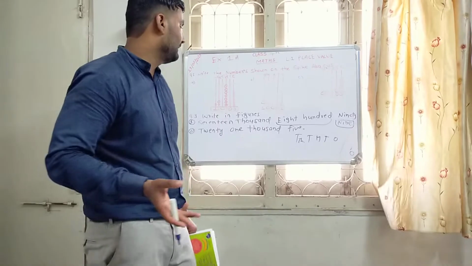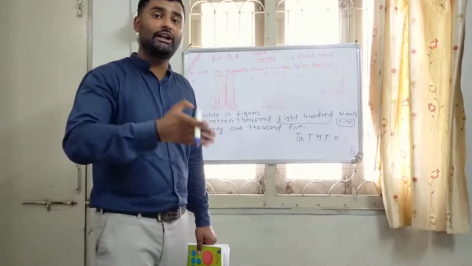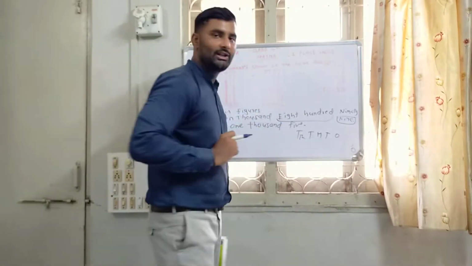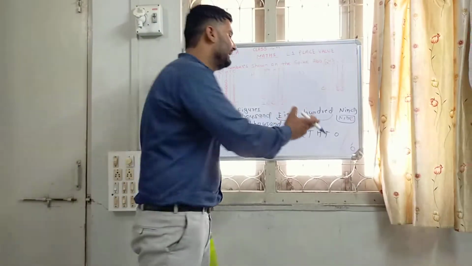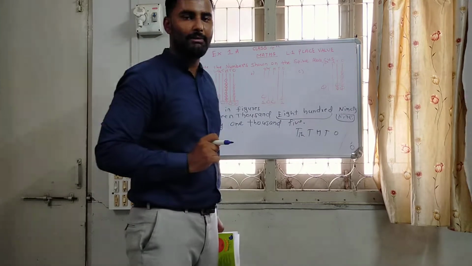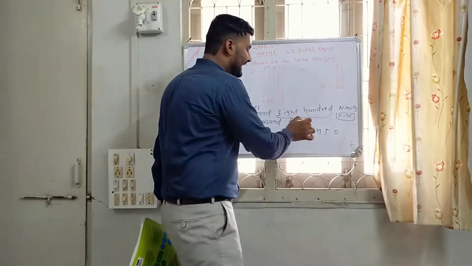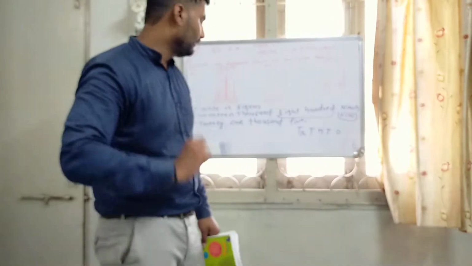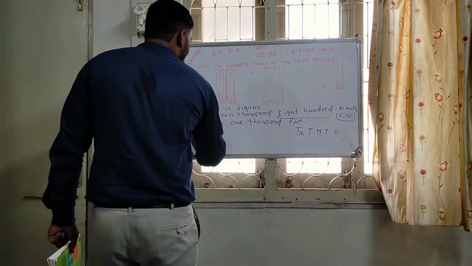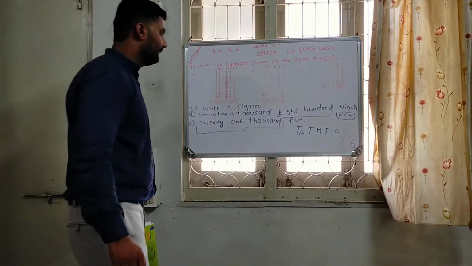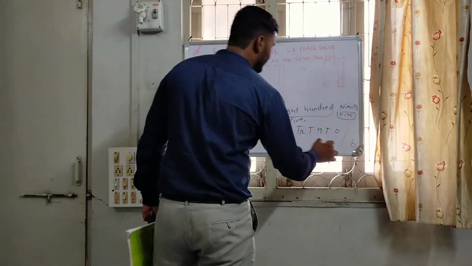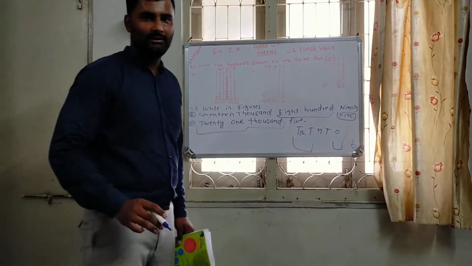How can I write this number without hundreds or without the tens term? If you are not having the place value chart, just write these alphabets: O, T, H, T, TT. That makes ones, tens, hundreds, thousands and 10,000. Now 21,000 and 5 means ones place.